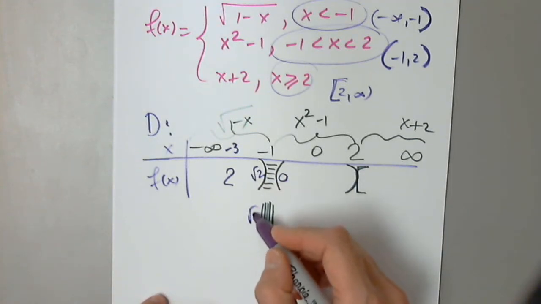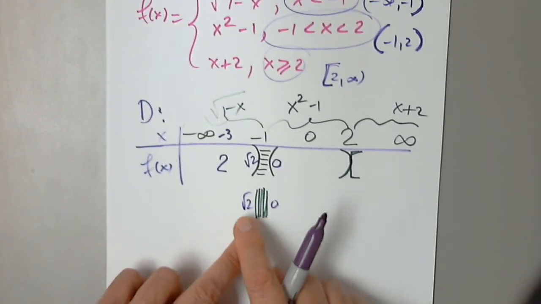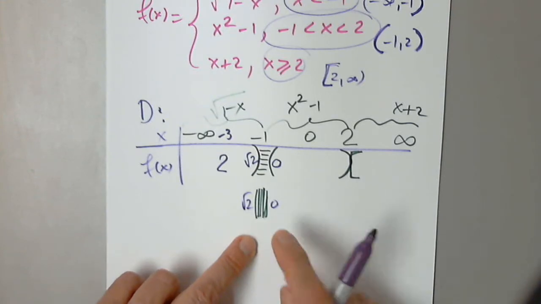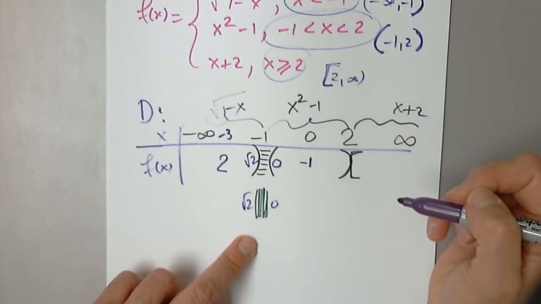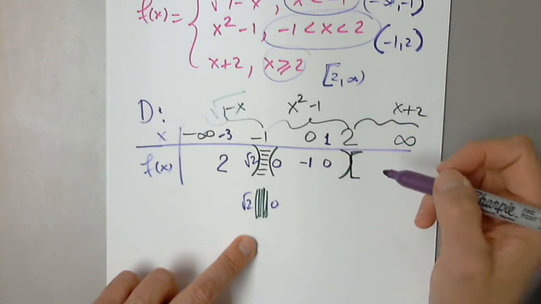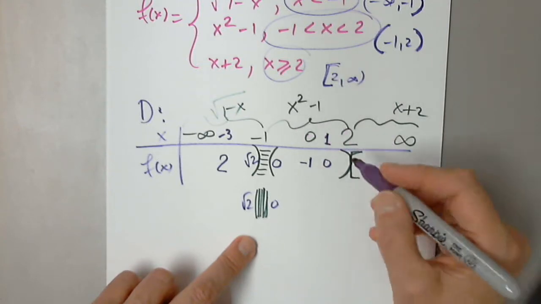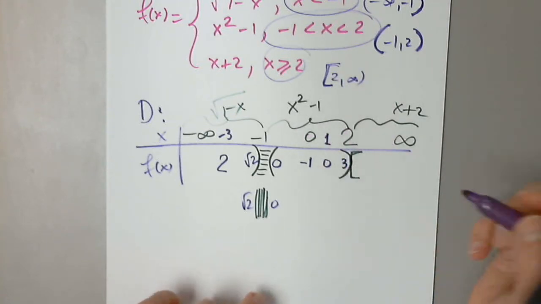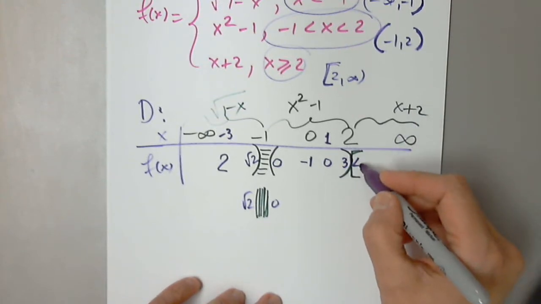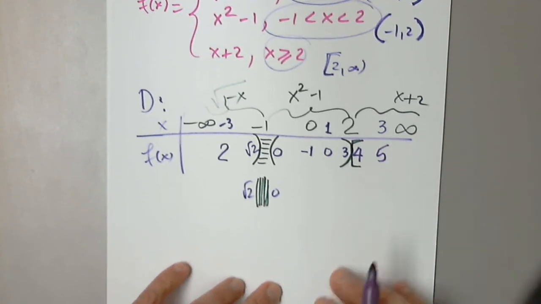Or, like this, if you use this system, which I will use later, you can write negative 2, the square root of 2 and 0. Then 0 is negative 1. I should also insert a 1 because it's 0. And then when I plug in 2, 4 minus 1, 3, inside parentheses. Then on this side I plug in 2, and inside the bracket I have 4, and I plug in 3, and I get 5.